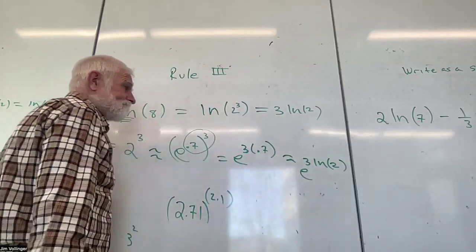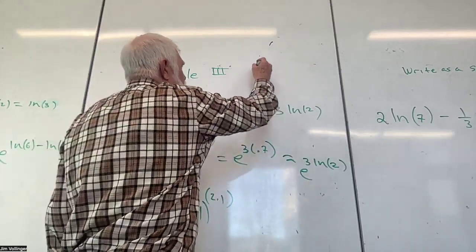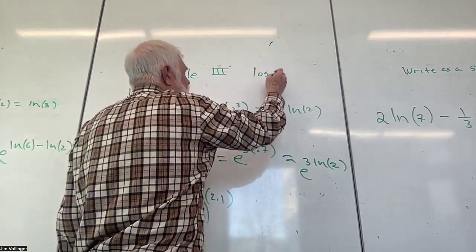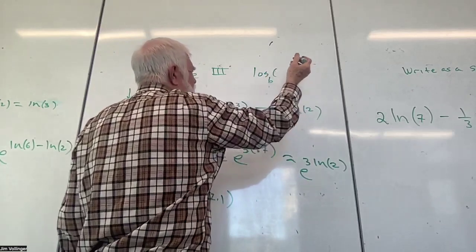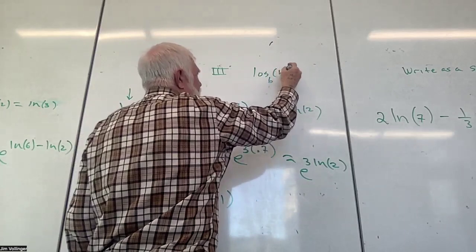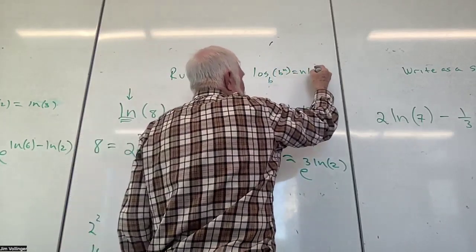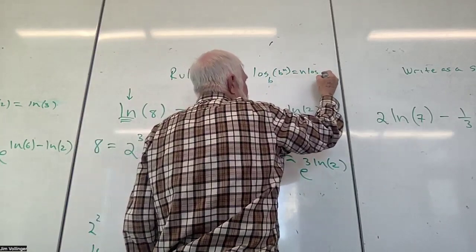Okay. So what's the log rule? The log rule for log base b of b to the n is the same thing as n times log base b of b.